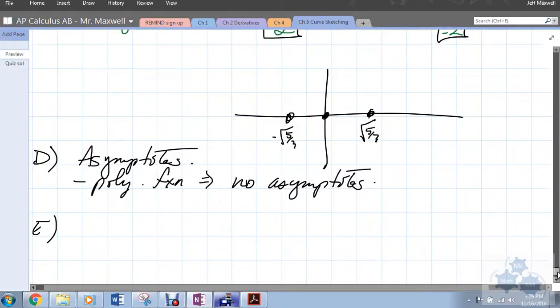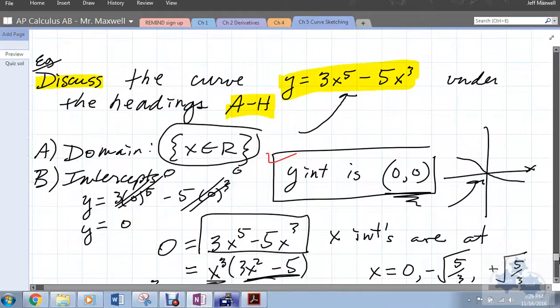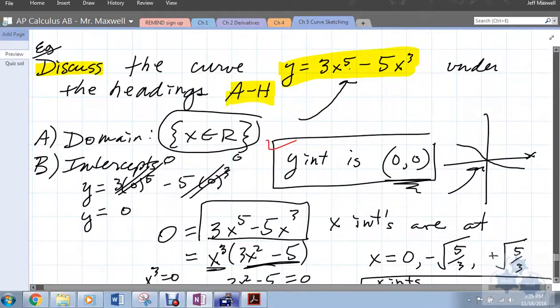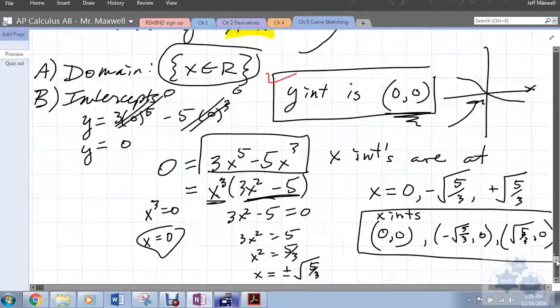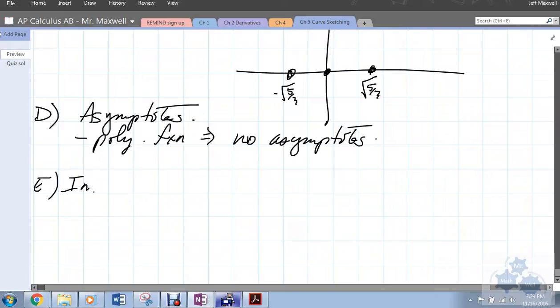Okay, so now is where we need to start taking the derivative of the function here, right? So we look at this function right here, 3x to the fifth minus 5x cubed, and we'll take the derivative there. So let me write this heading down here. Increase and decrease.